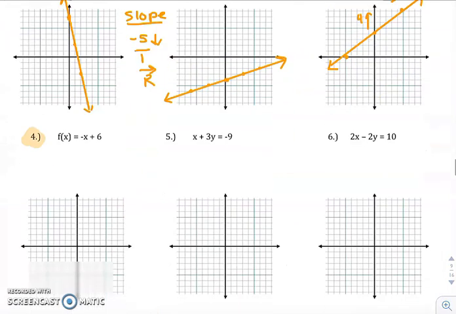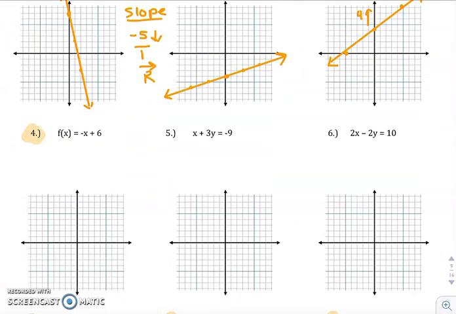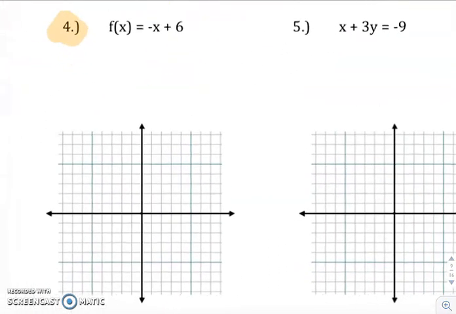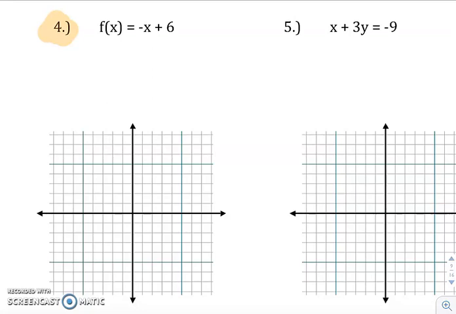So how about number 4? F of x equals negative x plus 6. So your y-intercept is positive 6. And your slope is, even though you can't see it, negative x is really negative 1x, and you can put that over 1. So negative 1 over 1 is your slope. So we're going to go down 1, right 1.